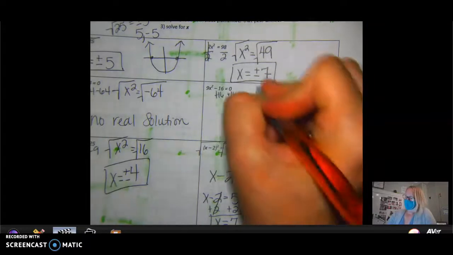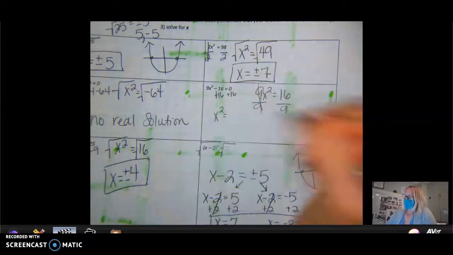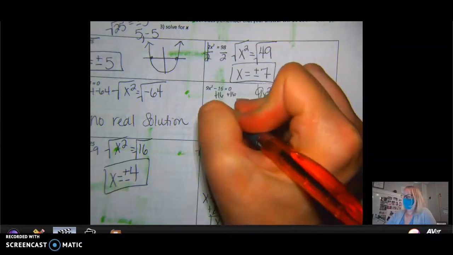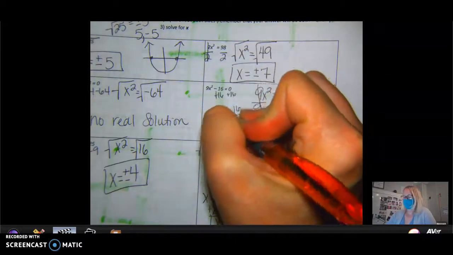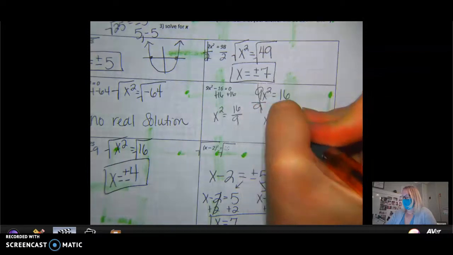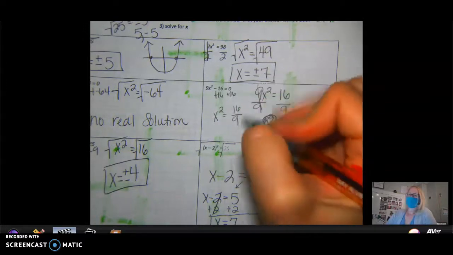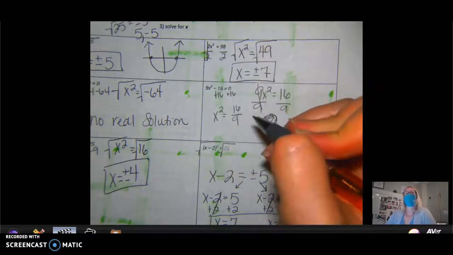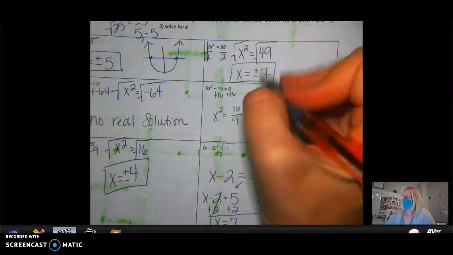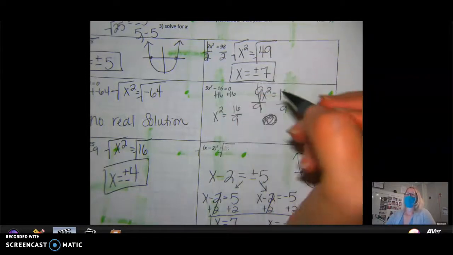Divide by 9. Now I get x squared equals, this is going to give you a funky decimal, so I actually keep it like this. And the reason I do that is because I know something about these two numbers. I know that they're both perfect squares. So, what do I do now?